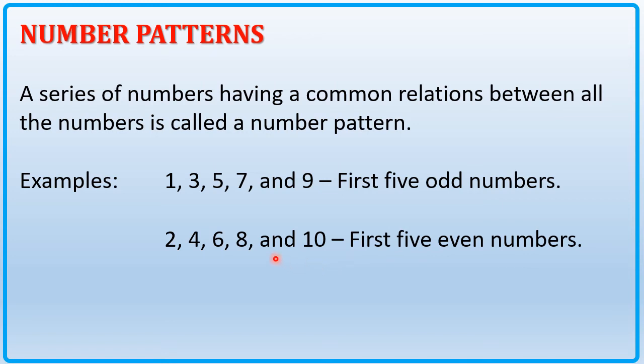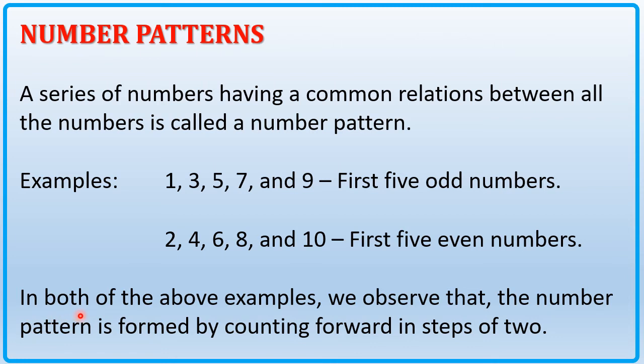And what we notice in these two examples is, in both of the above examples, we observe that the number pattern is formed by counting forward in steps of 2. Here, the next number is obtained by adding 2 to the previous number. That is, we obtain 3 by adding 2 to 1. And we obtain 5 by adding 2 to 3.